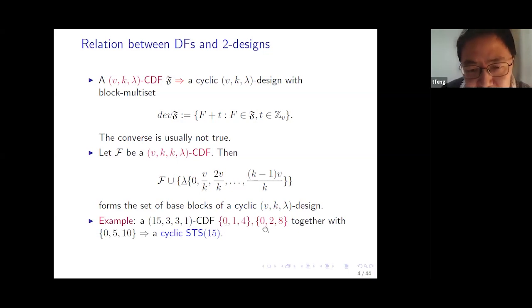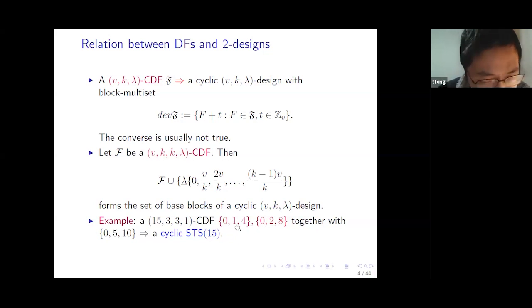It contains 2 base blocks. We can check all the differences contributed by the 2 base blocks. The first one, 0, 1, 4, contributes the differences plus or minus 1, 3, 4. The second one, 0, 2, 8, contributes the differences plus or minus 2, 8, and 6. So only 5 and minus 5 don't appear as differences.